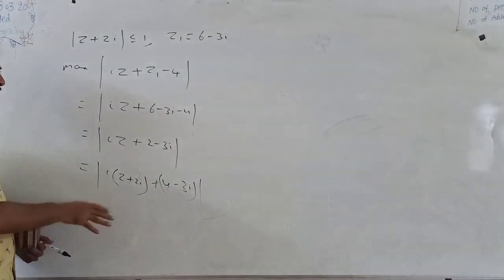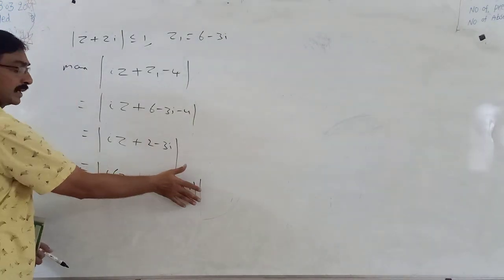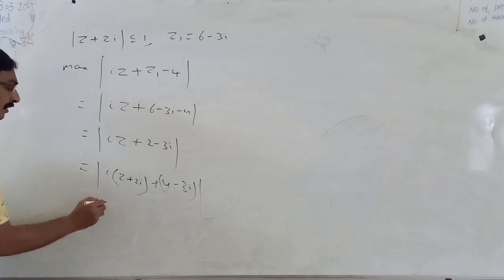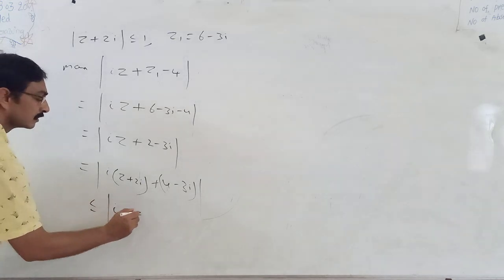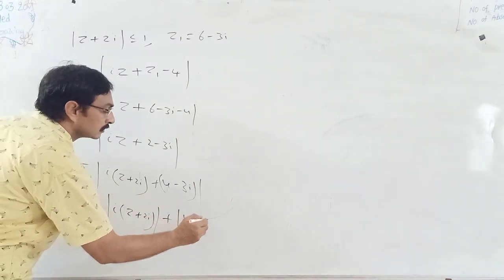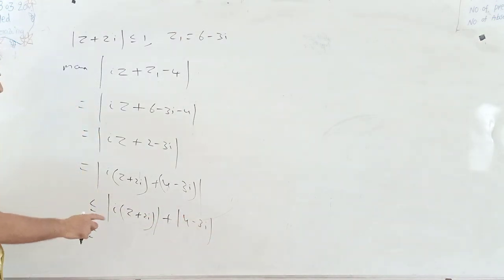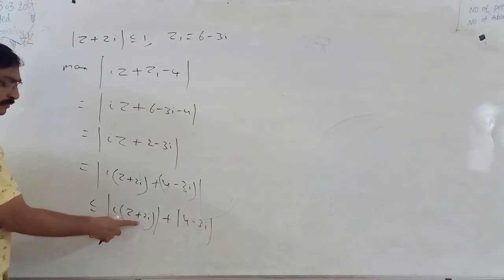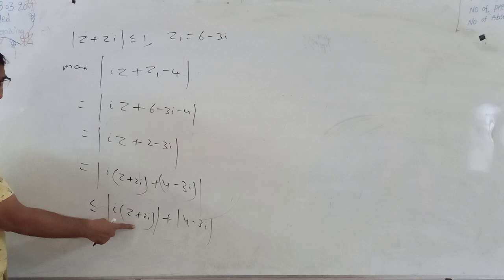Now this is in the form of modulus of z1 plus z2 less than or equal to modulus of first one plus modulus of second. This is a complex number. Modulus of z1 into z2 is mod z1 into mod z2.